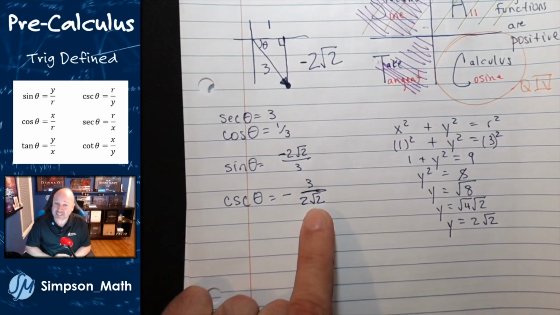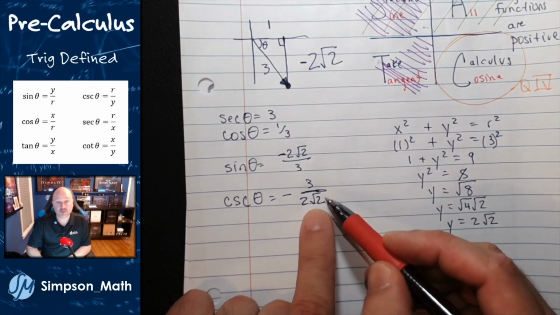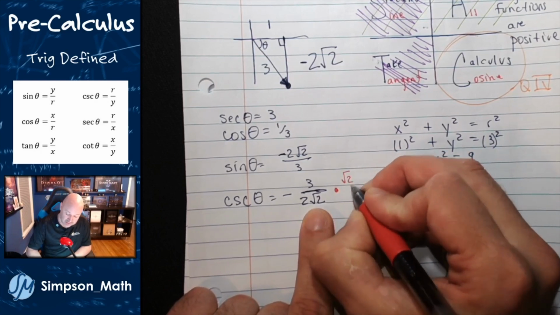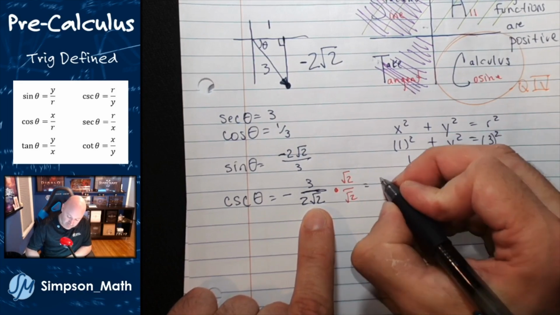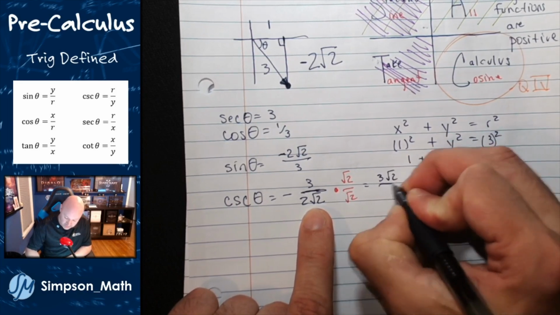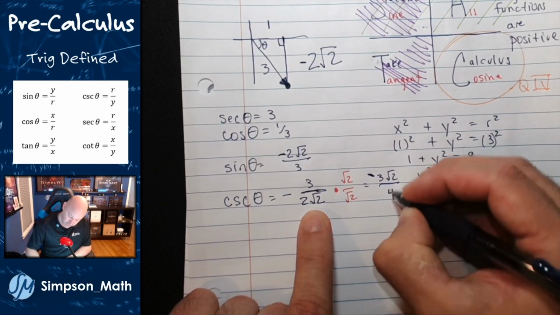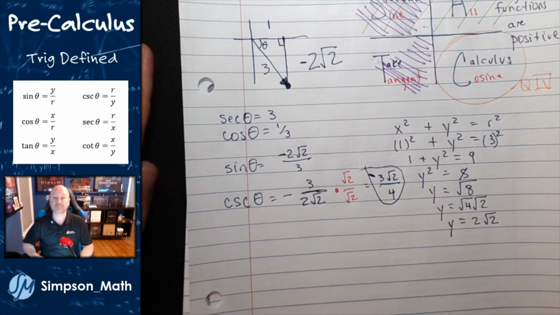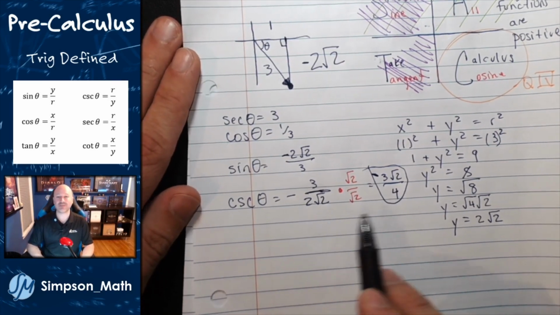Now that has a radical in the denominator, so I'd like to clean that up. I don't have to multiply by 2 root 2. I just need the radical to go away. So I'm simply going to multiply top and bottom by root 2. This will give me 3 root 2 over 4. Root 2 times root 2 is 2. That 2 times that 2 is 4.